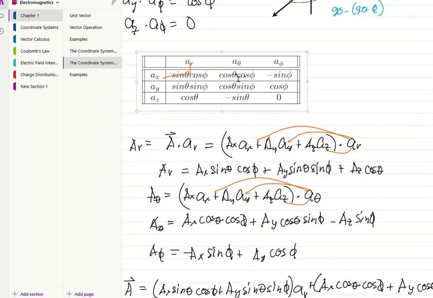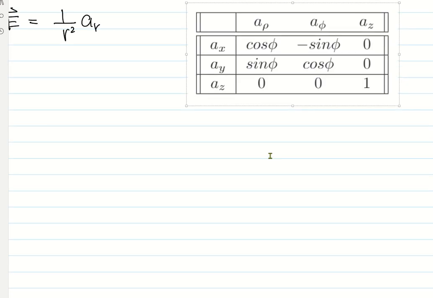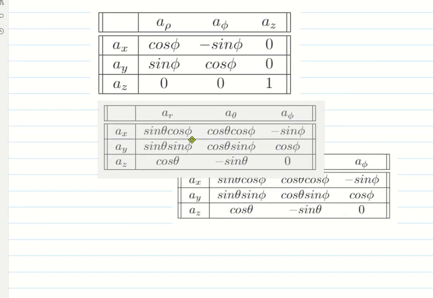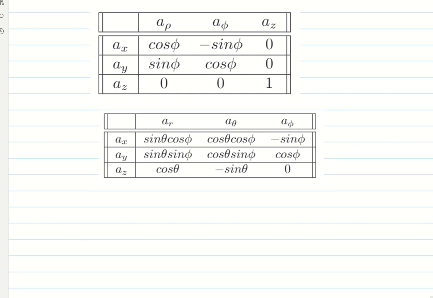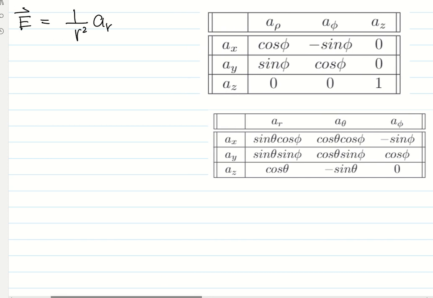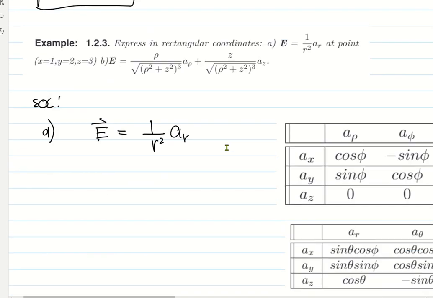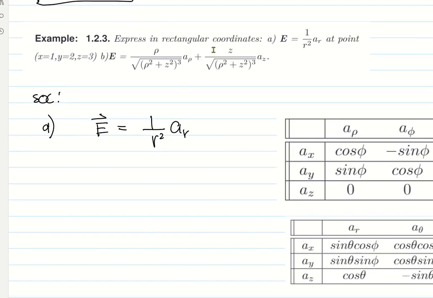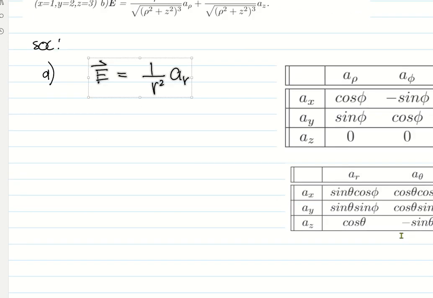So for the first table, this is for the dot product between the rectangular coordinate and the cylindrical, while the second one is for the spherical and rectangular. In this case, because we want to solve for the rectangular coordinates, we need to transform this into rectangular. So the table that we'll be using is the second one, and in order to do that, we need to use that product.